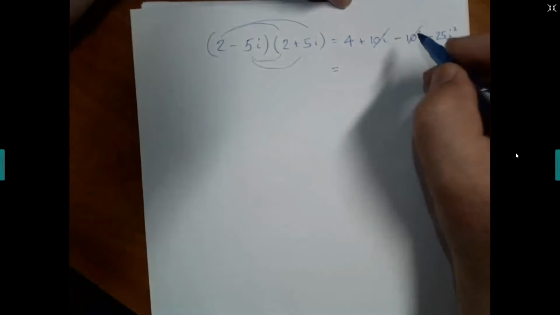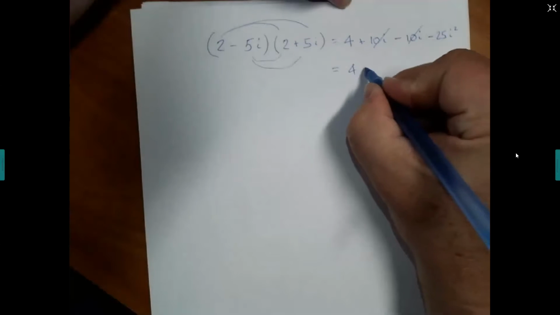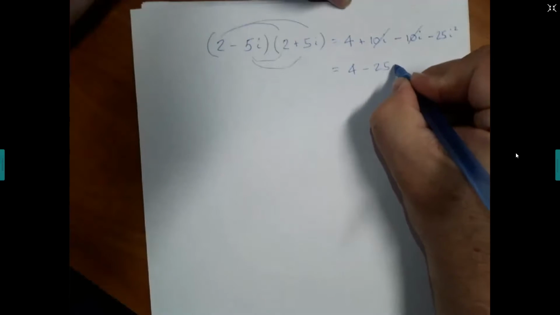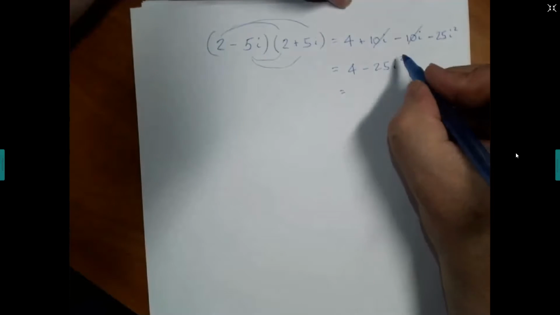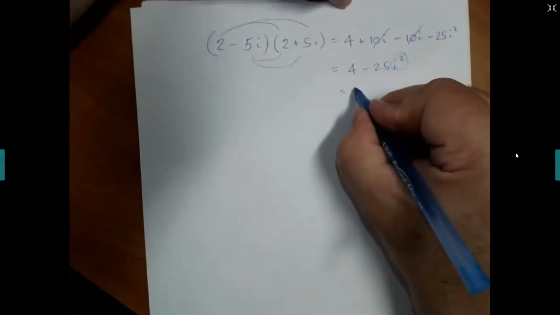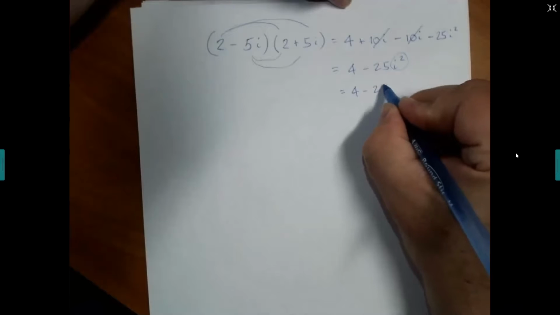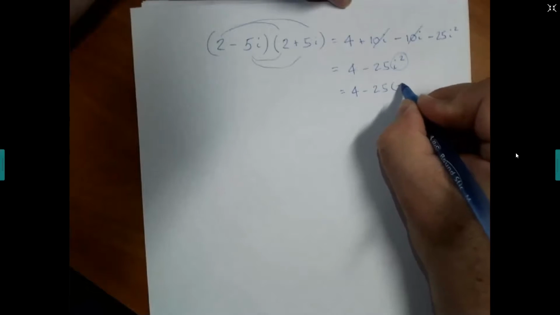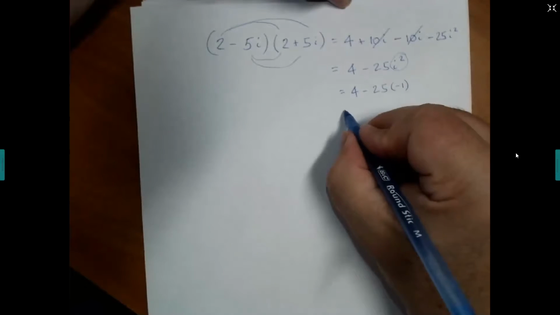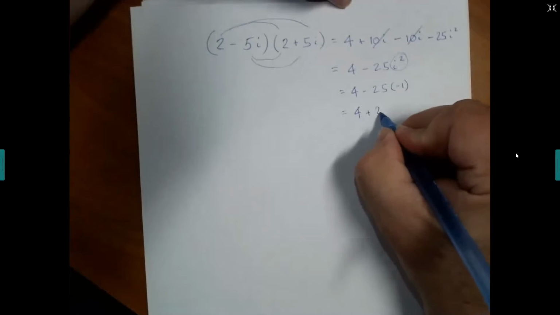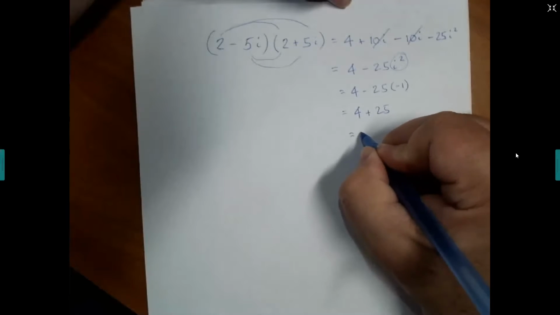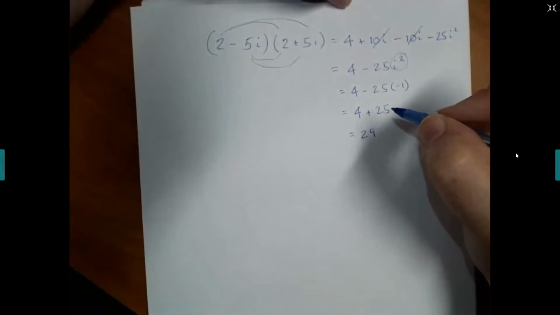Combine like terms, the 10 i's cancel. There's an I squared, so it becomes a -1. So that becomes a plus 25, 29.